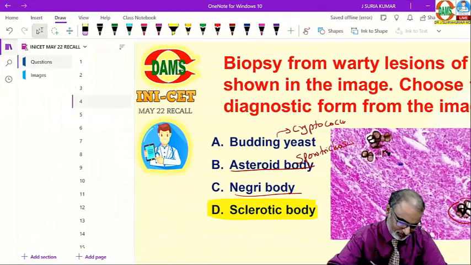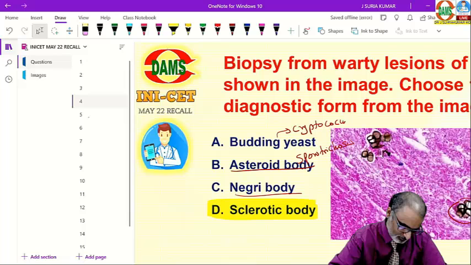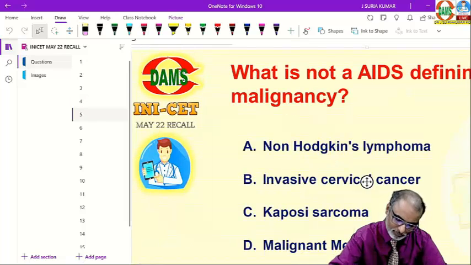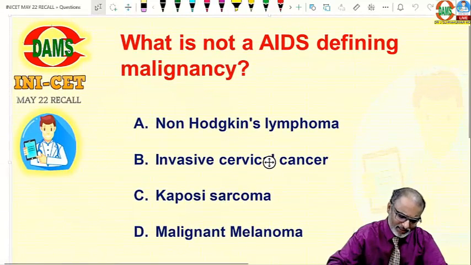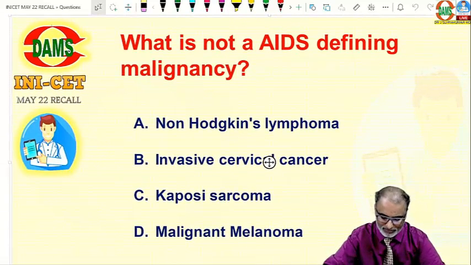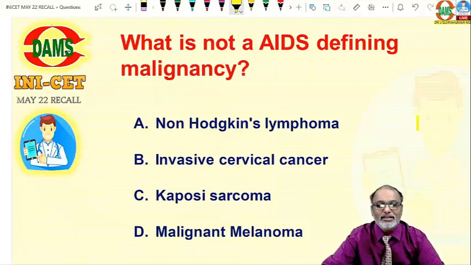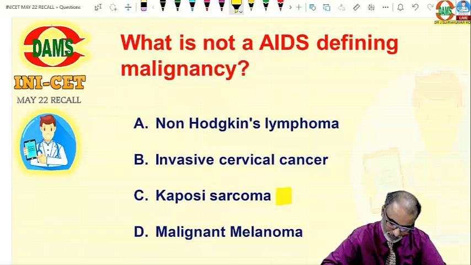Next is, what is not an AIDS defining malignancy? There are 3 important AIDS defining malignancies. Number 1, Kaposi sarcoma.